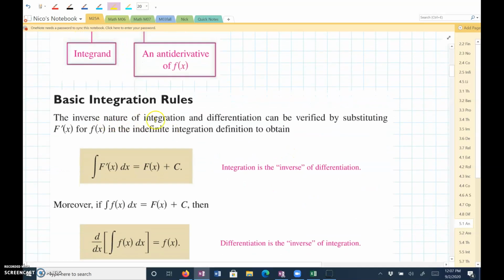Basic integration rules. The inverse nature of integration and differentiation can be verified by substituting the derivative of the antiderivative, or f of x, in the indefinite integration definition to obtain: if we integrate the derivative of the antiderivative with respect to x, that's going to be equal to the antiderivative plus c.